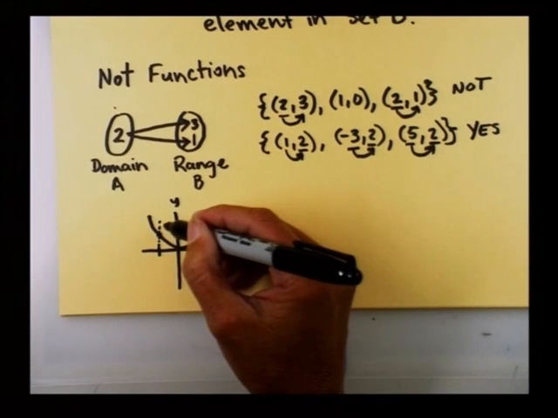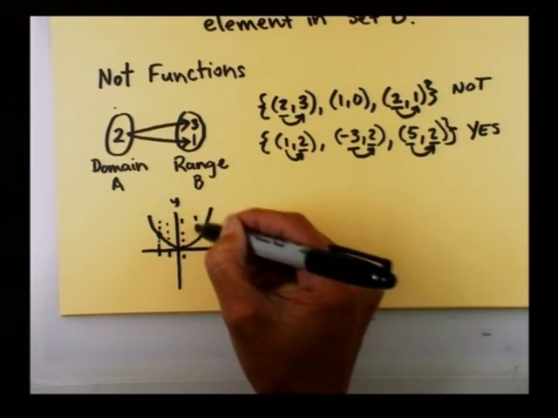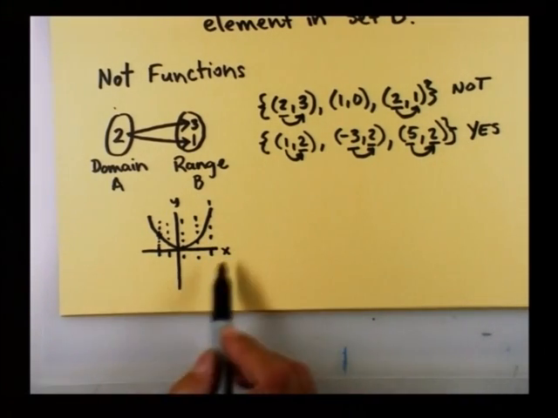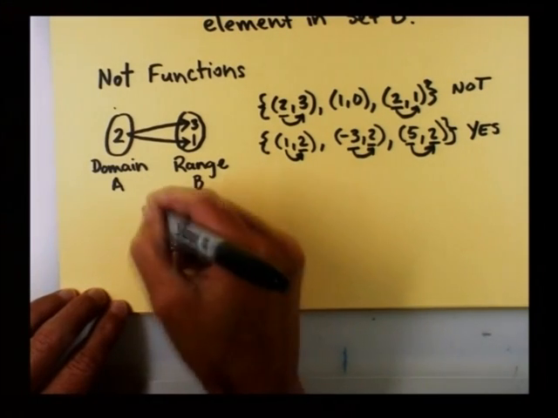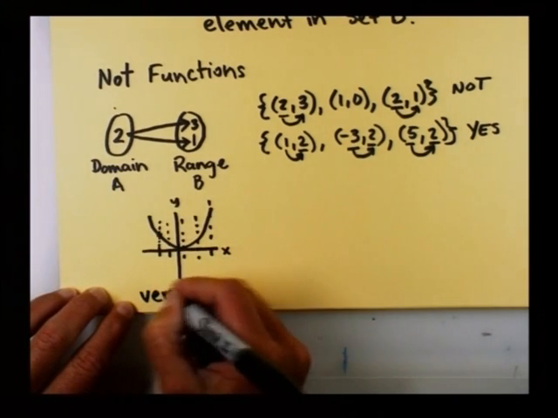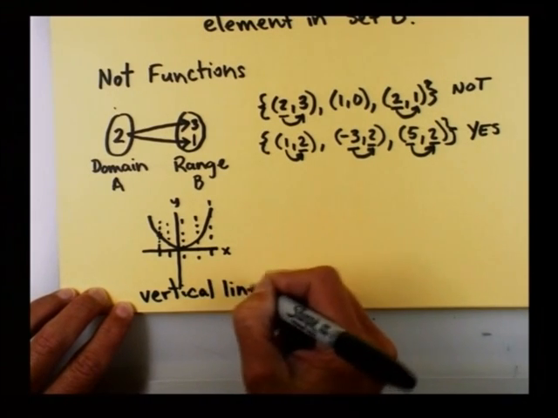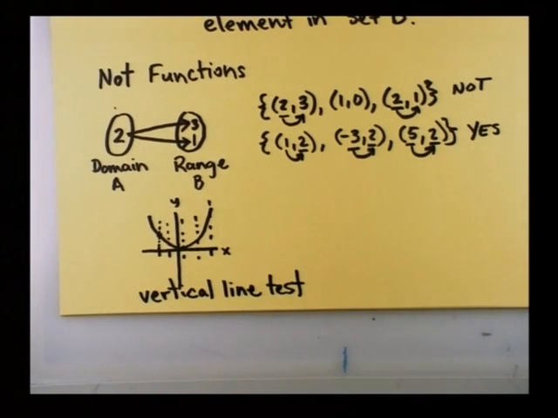As I go across my graph and check at different locations, I see that every x is paired with only one y. What I just demonstrated was the vertical line test. We use the vertical line test on a graph to determine whether it's a function or not.